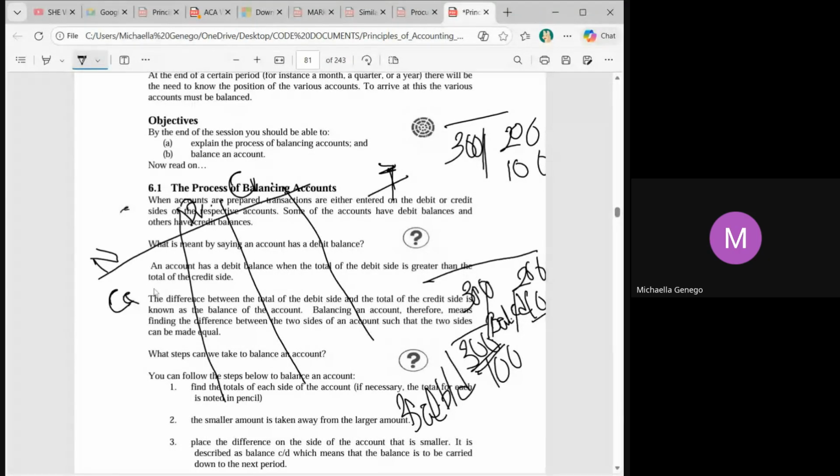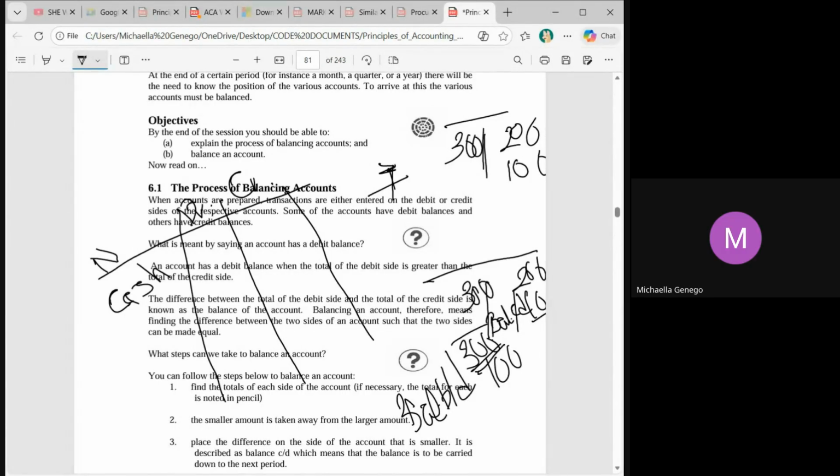In the trial balance, we record only the balance brought down, not the balance carried forward. So you see that cash account, where is the balance brought down?